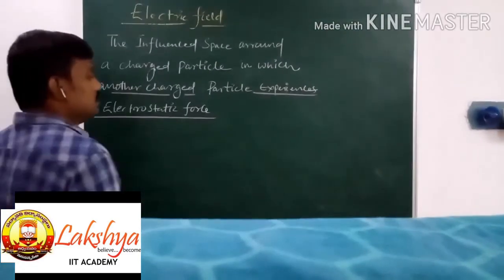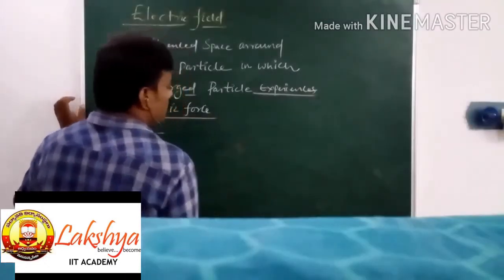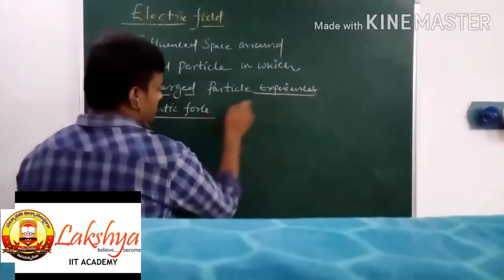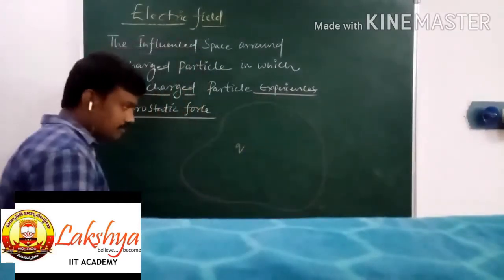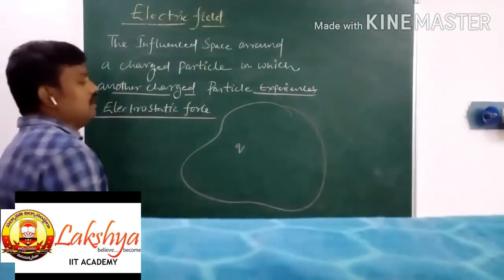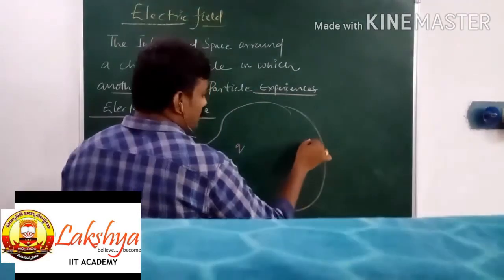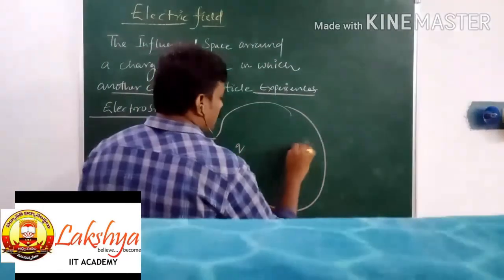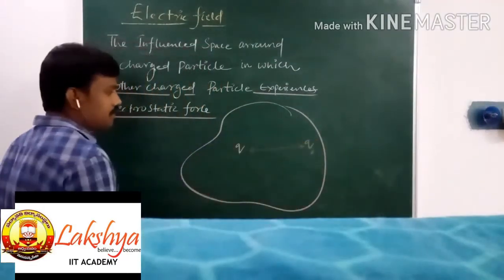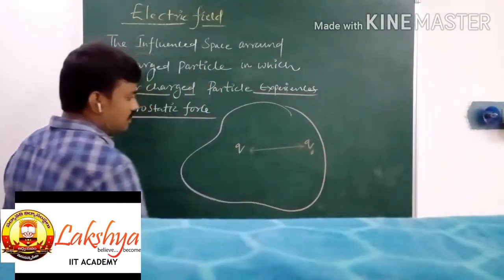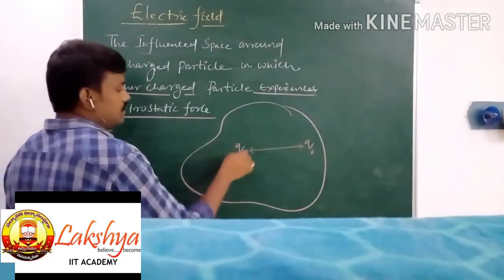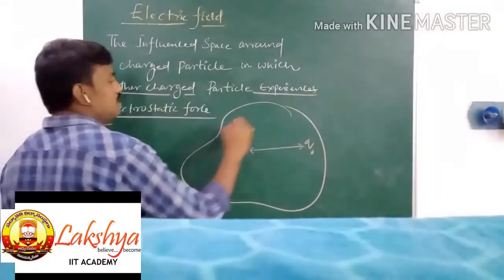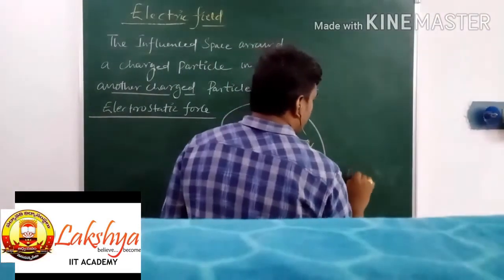So let us take a charged particle Q here. We can expect some influence space around it, and if you place any charge in this influence space, there must be an electrostatic force between these two charged particles. So we can say that the region around this charged particle Q is nothing but the electric field.